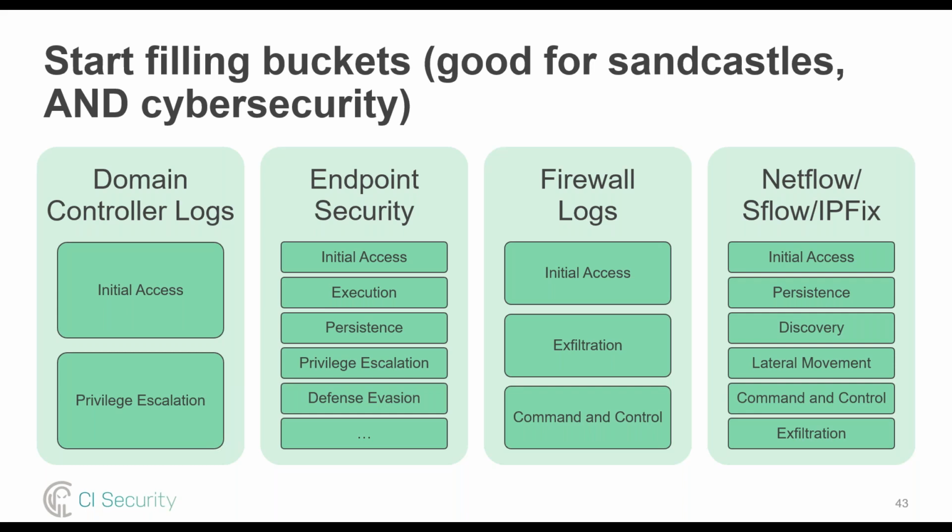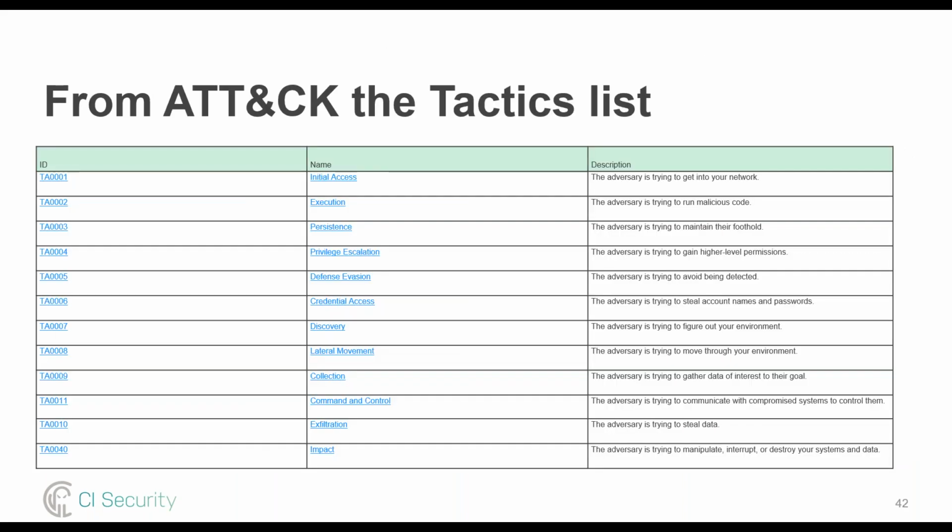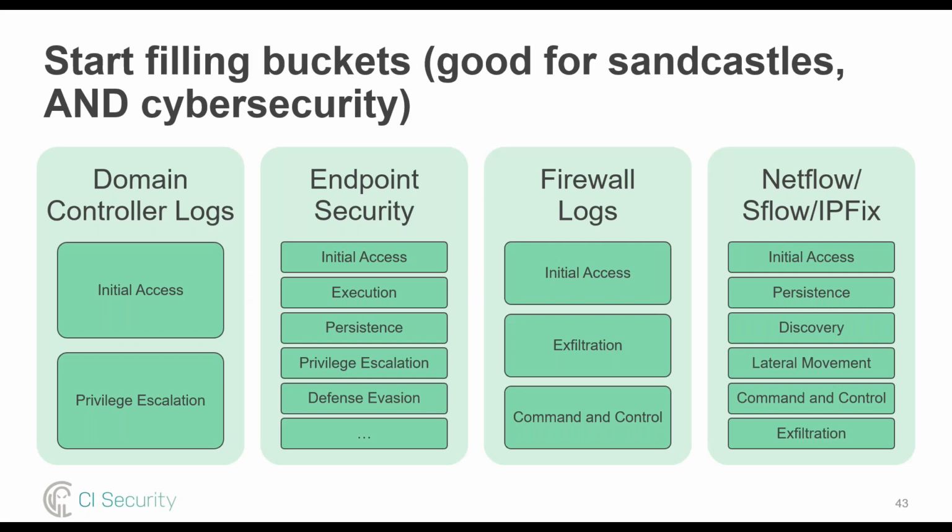And then looking at the ATT&CK framework, say, if I had my domain controller logs, and by the way, this is not exhaustive, I'm giving examples here, you would probably have a lot more in each of these categories. If I had my domain controller logs, what would I see in those domain controller logs with respect to the ATT&CK framework tactics list? Well, pretty obviously you would see attempts or success at initial access.